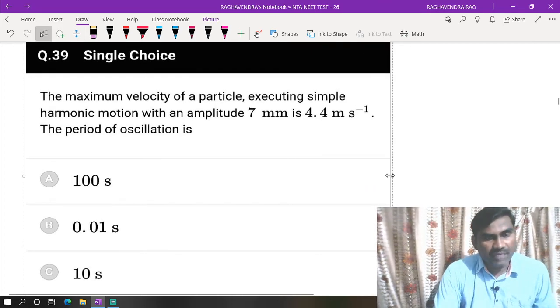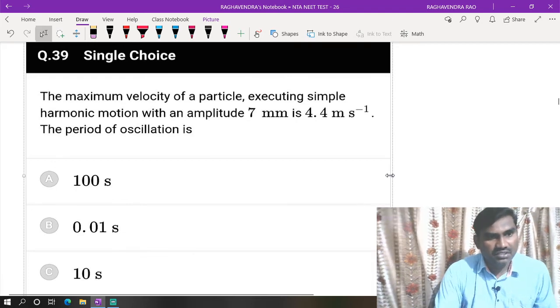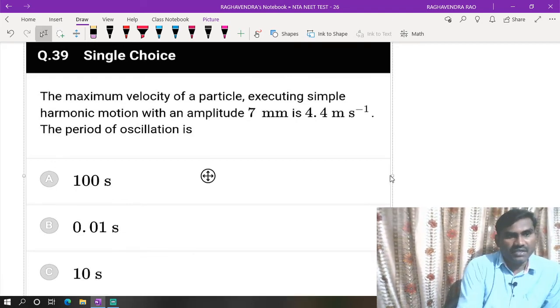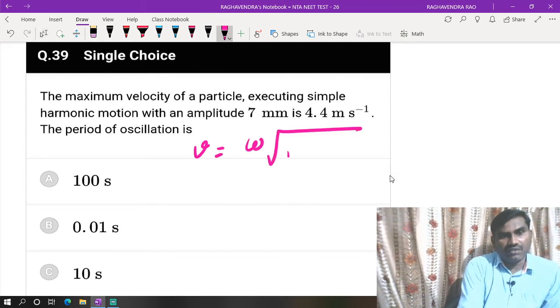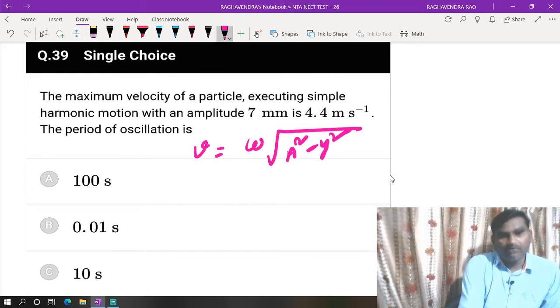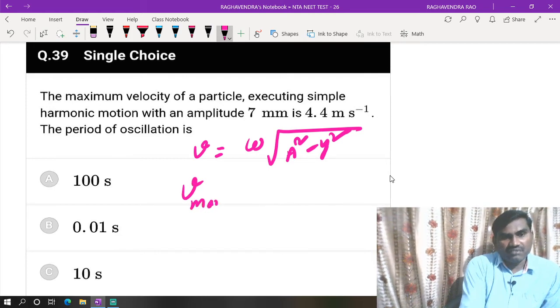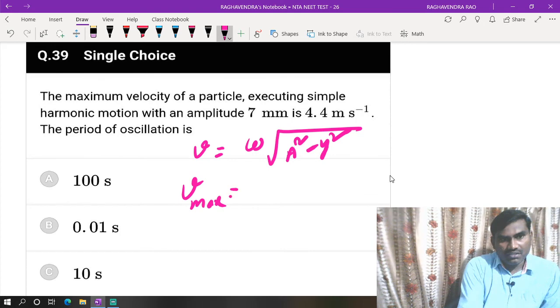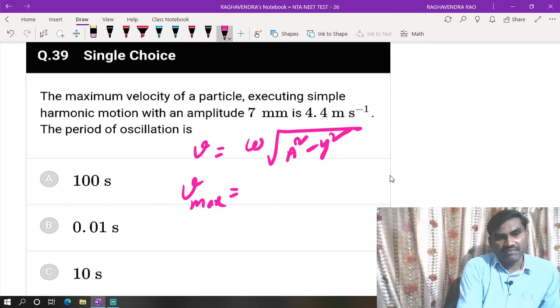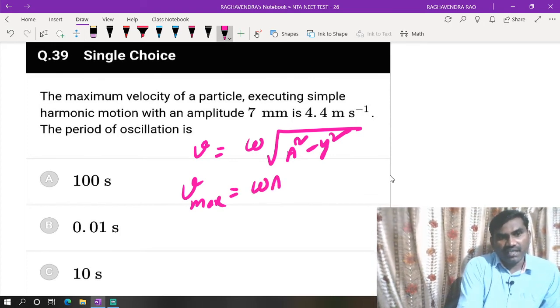The maximum velocity of a particle executing simple harmonic motion, the amplitude is 7 mm, what is the period of oscillation? You know, velocity is equal to omega root over a square minus y square. For maximum velocity, y is equal to 0. At the mean position, velocity is maximum, so it is omega into a.